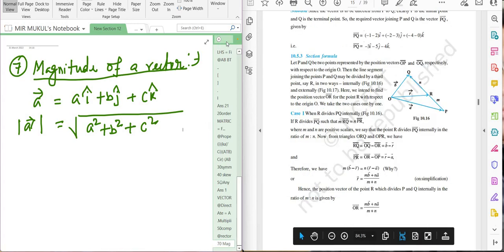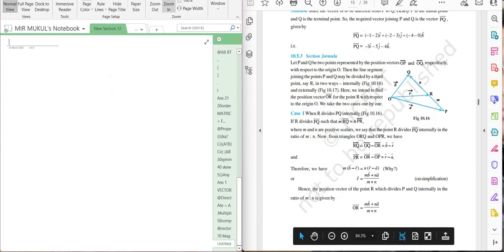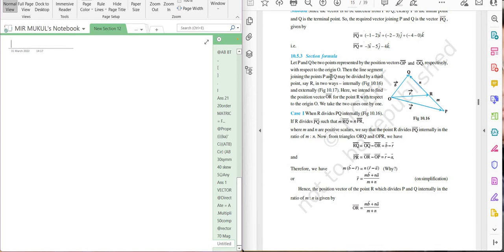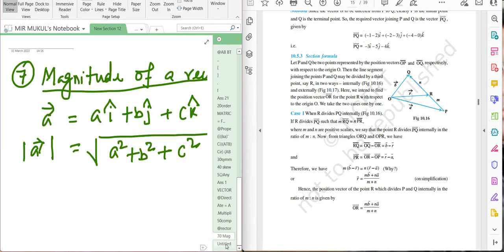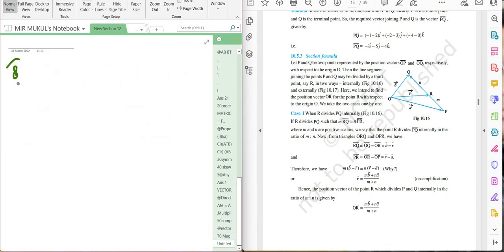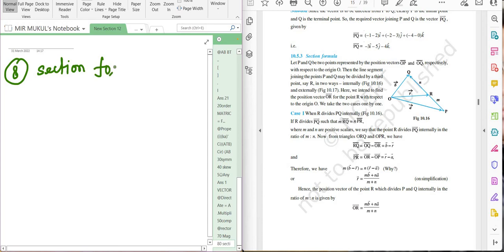Now section formula. So section formula is like coordinate geometry. We did 7, then 8, section formula. So section formula, you will understand nicely.